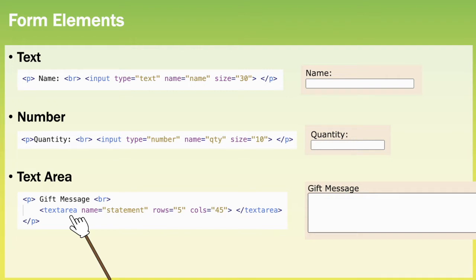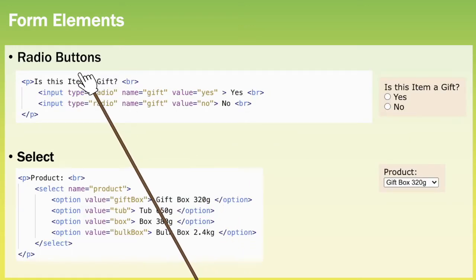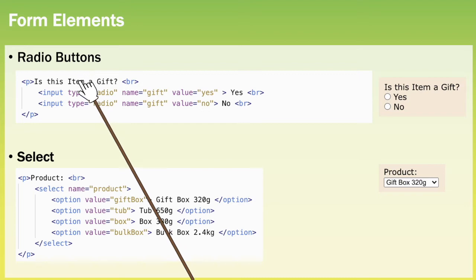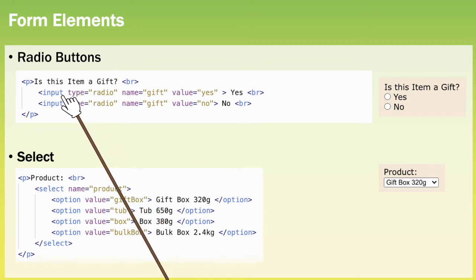And within the text area, we give it a name as per the previous inputs, and we specify the size of the text area in terms of rows and columns. And again, this is how much space it will take up on the user screen. If the developer wishes to include some pre-populated text within the text area, this can go inside the text area tag.